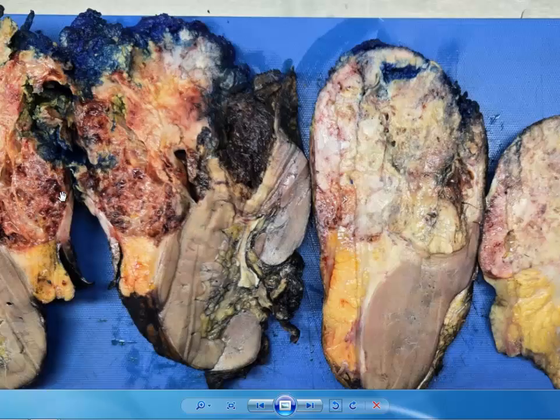The mass has some solid, cream-colored areas and some necrotic areas, and it's quite heterogeneous with solid and cystic parts.